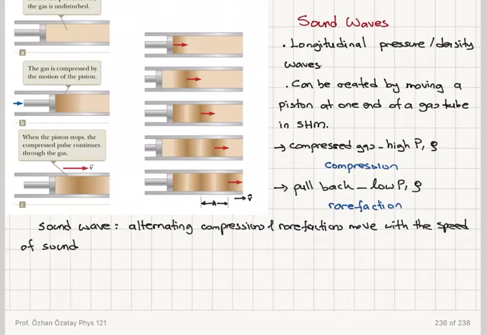And since any small element of the gas moves in simple harmonic motion parallel to the direction of the wave, we have a longitudinal wave, and we can talk about displacement of gas elements.